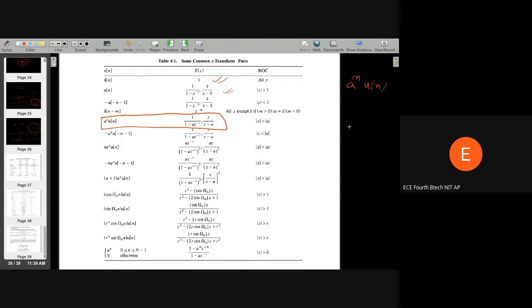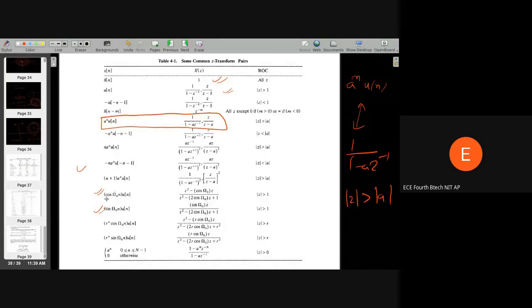So it's a very standard 1 by 1 minus a z inverse, where the ROC is greater than the modulus of a, whatever your a value is. So please revise all these concepts. That's what I will say. There is a very important thing here. Sorry.